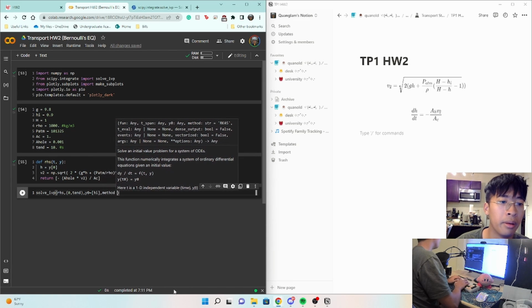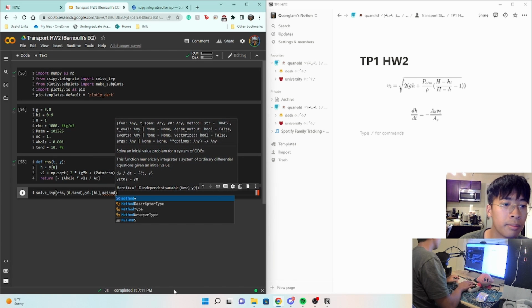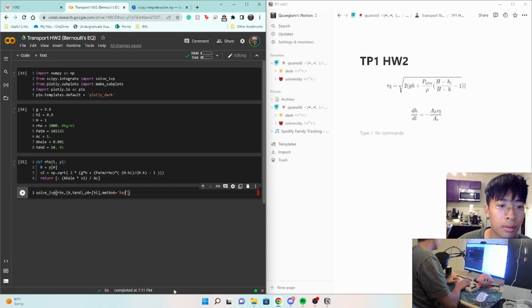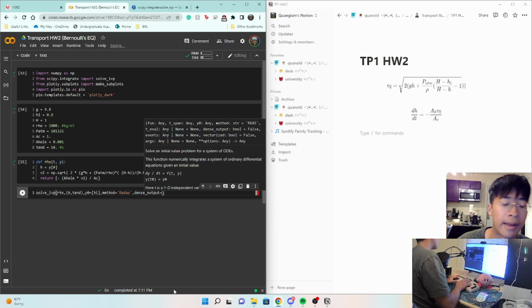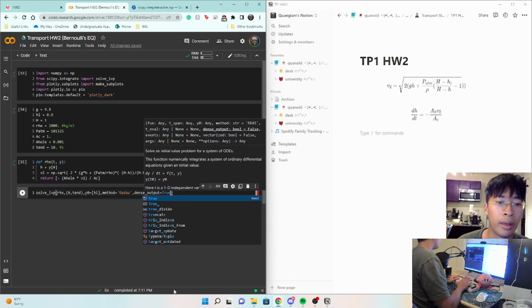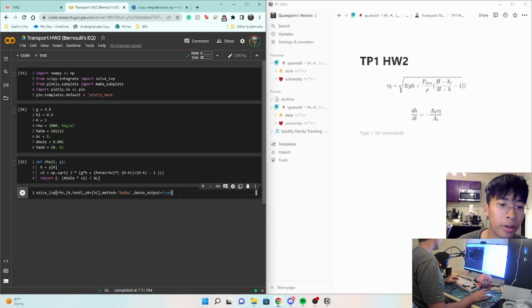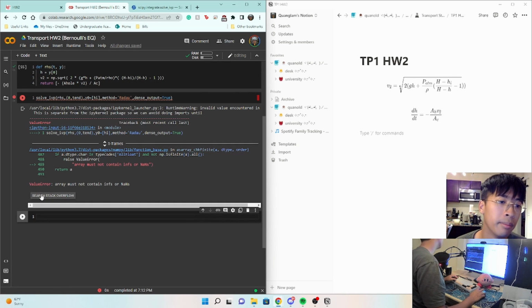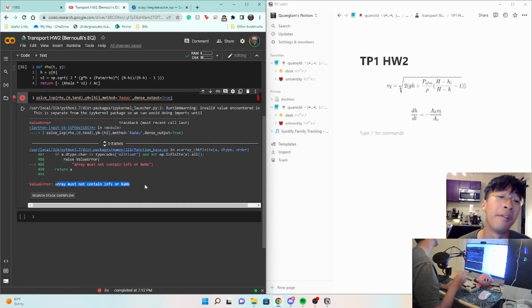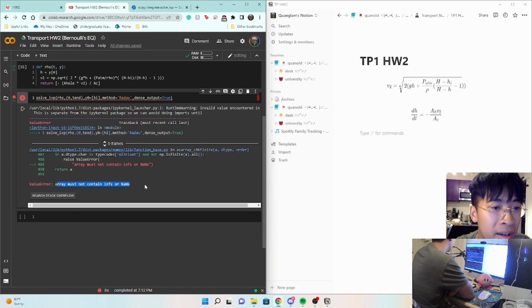And method, we're going to use a Bernoulli here. And we do want dense output so that it can intelligently create an accurate plot. Okay? And try it. Check this out. We do get an error, and I expected to get an error, right?